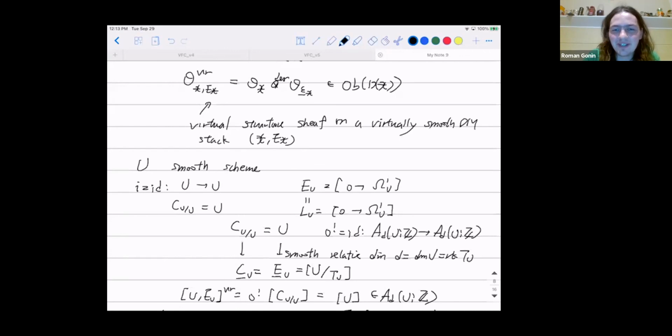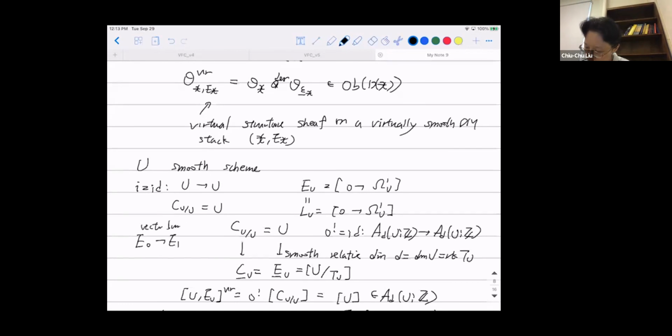So suppose that you have a vector bundle over U, and because of this morphism, there's this action by addition.